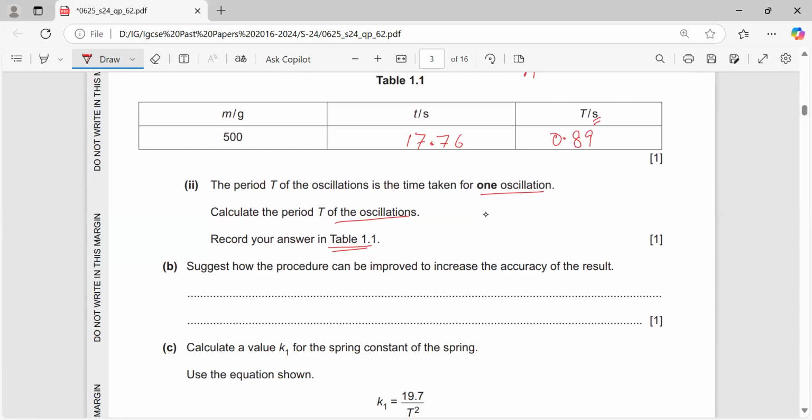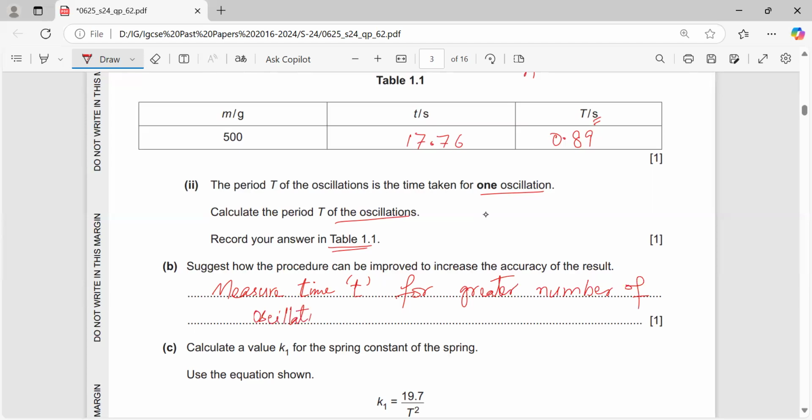So we can do it many ways. Measure time t for a greater number of oscillations.